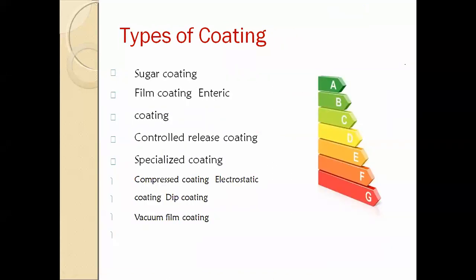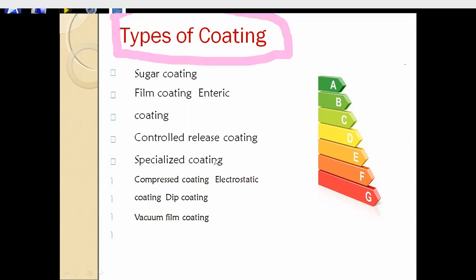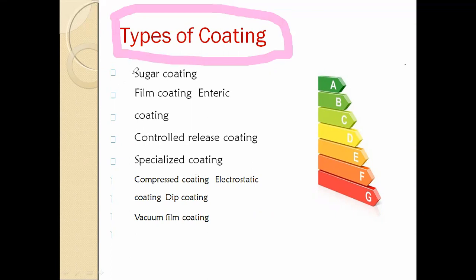Now coming to the next point. We have seen in detail why we go for coating, the basic reasons why we go for coating, and prior to that, the basic definition of coating. Now let's move to the next point, that is, the different types of coating which we can apply on a particular core. The various types of coating include, firstly, sugar coating.